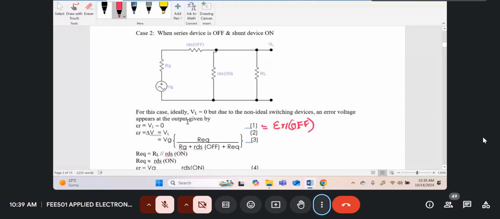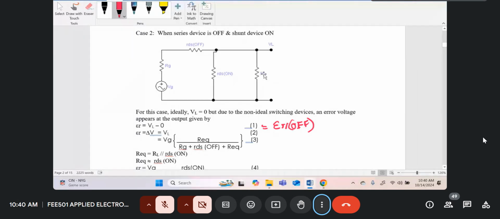And VL, if you look at this circuit, once again, we combine the parallel combination of RDS on and RL, which I'll call R equivalent. And this is just a series circuit comprising R equivalent, RDS off, RG. So the output voltage VL will just be VG into R equivalent, all divided by RG plus RDS off plus R equivalent. But what is R equivalent? R equivalent is RDS on in parallel with RL.